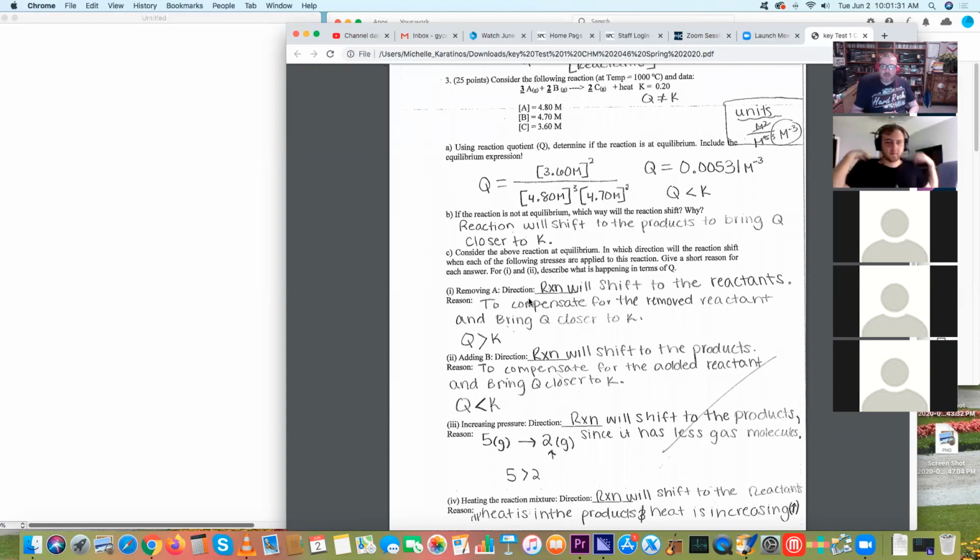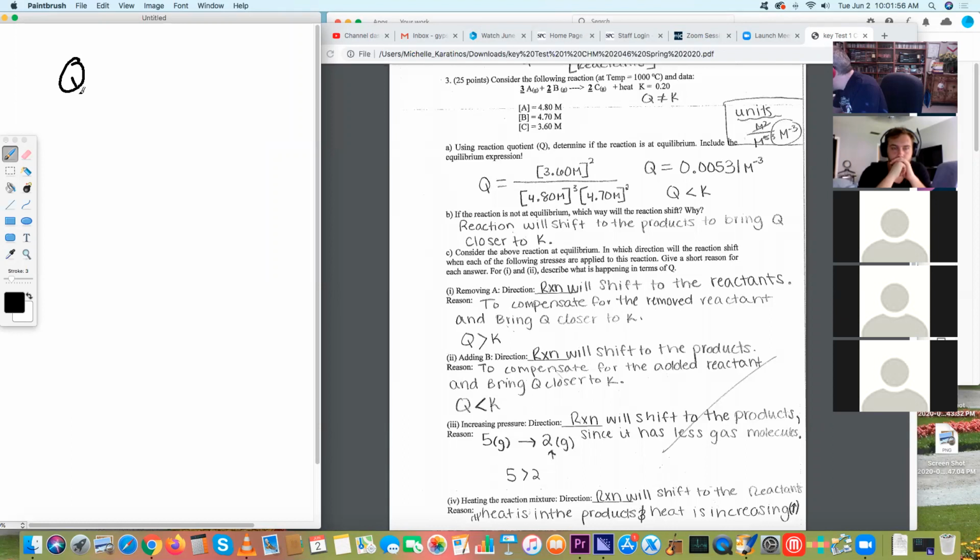Thank you. Appreciate it. All right, so we've got the first part here, which is to figure out the reaction quotient, which will allow us to determine which way the reaction is actually going. The K there is what's going on at equilibrium. And in order to figure this out, we're using the equilibrium expression.